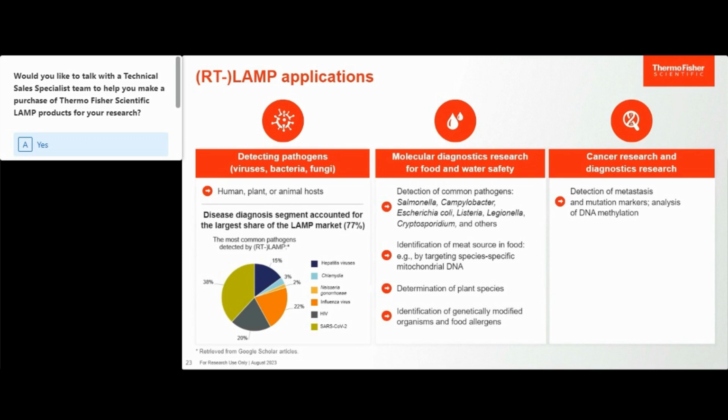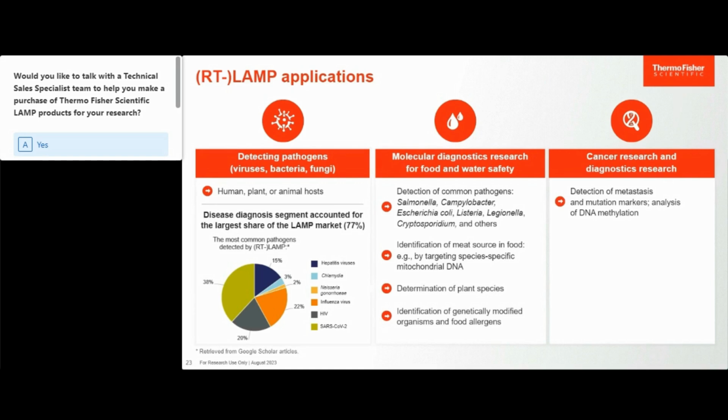These pathogens can be collected from different hosts, such as humans, plants, or animals. If you look at the pie chart, the most common pathogens detected by RT-LAMP or LAMP, according to Google Scholar results, are SARS-CoV-2, influenza, and HIV.